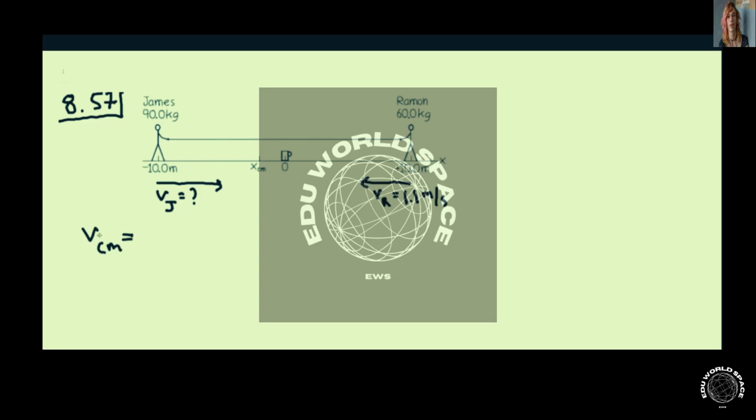Like everything with center of mass, it's just a weighted average. So it'll be James's mass times his speed plus Ramon's mass times his speed, although I just said those in the reverse order in which I wrote them.